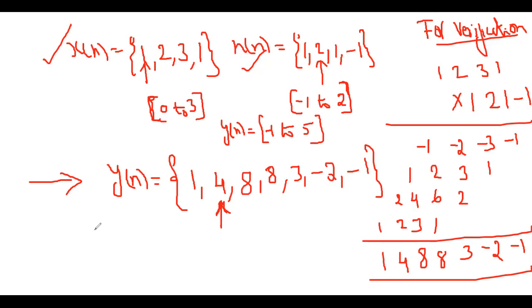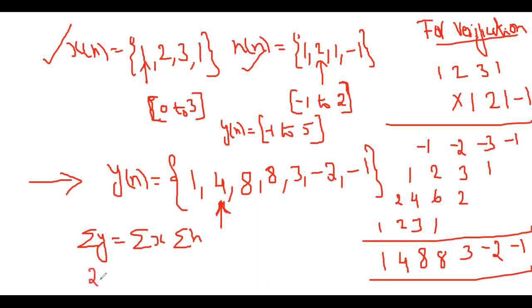What is another verification? The sum of y is equal to the sum of x times the sum of h. What is the sum of y? You can add all the samples here. 1 plus 4, 5, 5 plus 8, 13, 13 plus 8, 21, 21 plus 3, 24, 24 minus 2, 22, and 22 minus 1, 21.